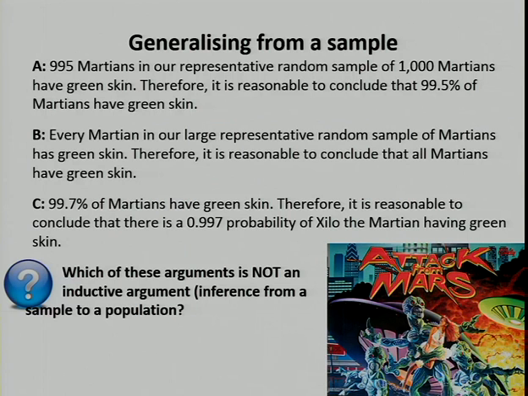So here we have three arguments about Martians. And then the first question is, which of these is not an example of an inference from a sample to a population? So is not an instance of an inductive argument in the narrow sense that we're using today. Is it A, B, or C? So this is just about the direction of the inference, right?